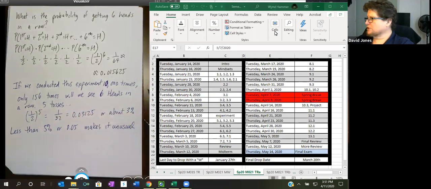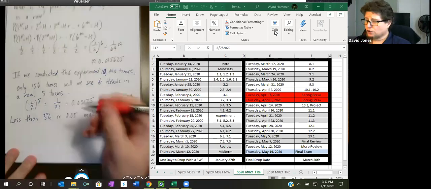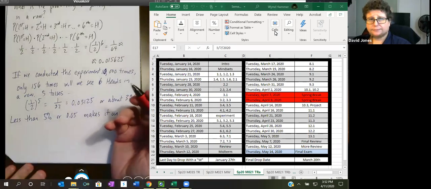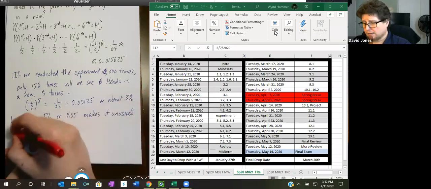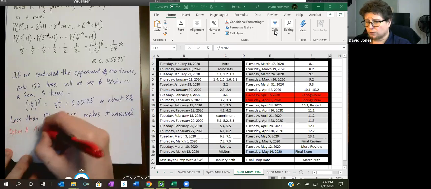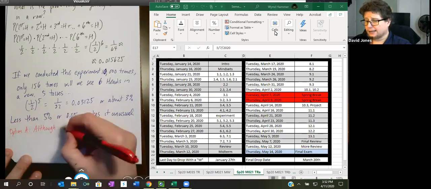So this was unusual. We flip it 6 times, 6 times it was heads, and 6 times you gave me a buck. What are the possible reasons this could have happened? Option A, although unusual, you were just unlucky.